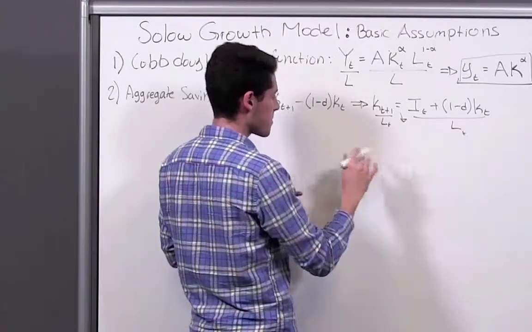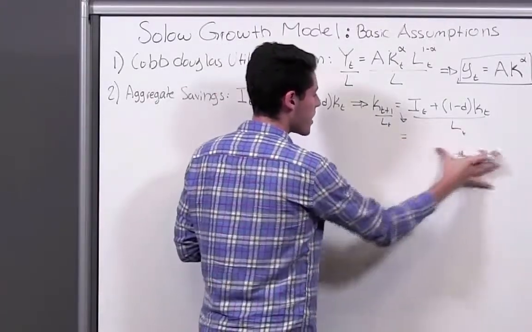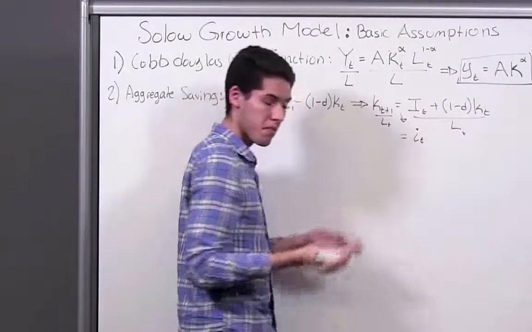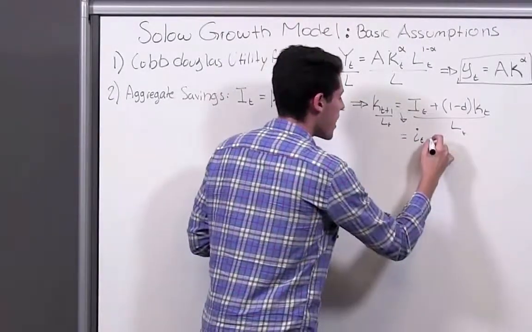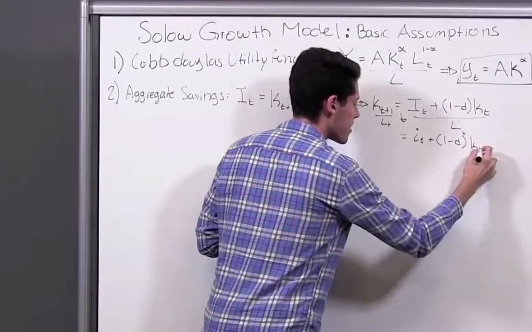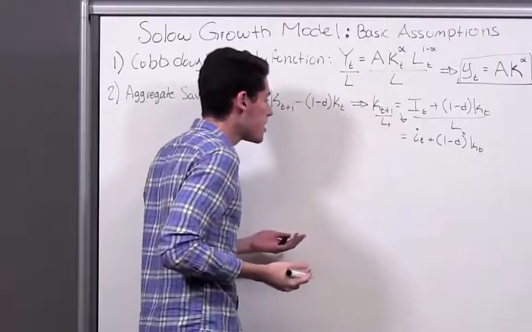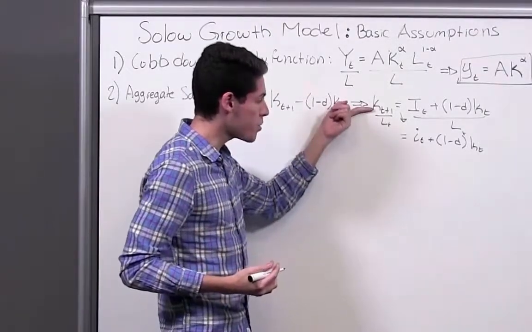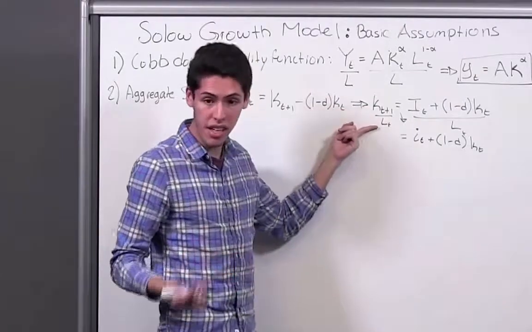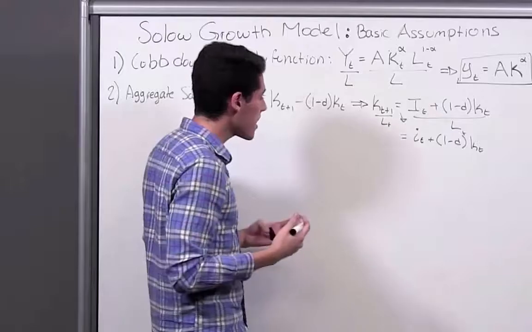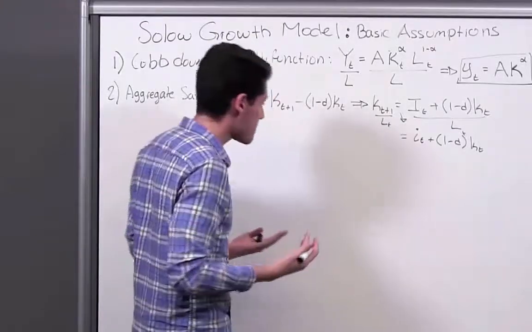Because if you notice, on the left side of the equation, well, this will just become little i, so investment per capita. And this part just becomes 1 minus d times little k, capital per capita. But notice we have an incongruity here. We've got capital in the future divided by labor today. So how can we essentially manipulate this so that we get it in a form that is helpful to us?